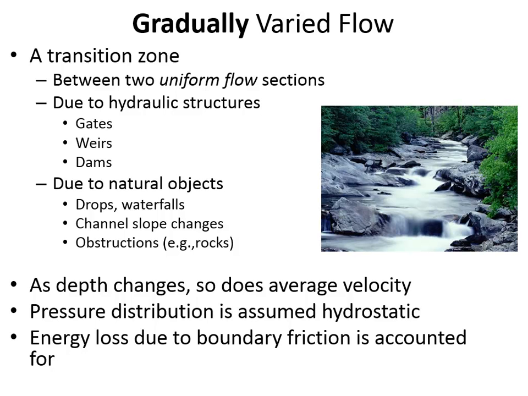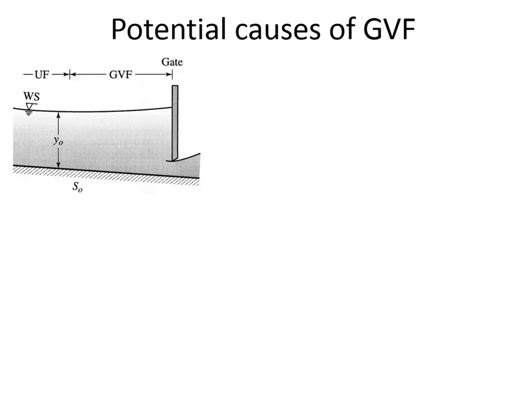But now here in gradually varying flow, the points are not close together at all. They're, in some cases, more than a kilometer apart. And so we're definitely going to have to account for energy loss, and usually it's the boundary friction that is the vast majority of that energy loss.